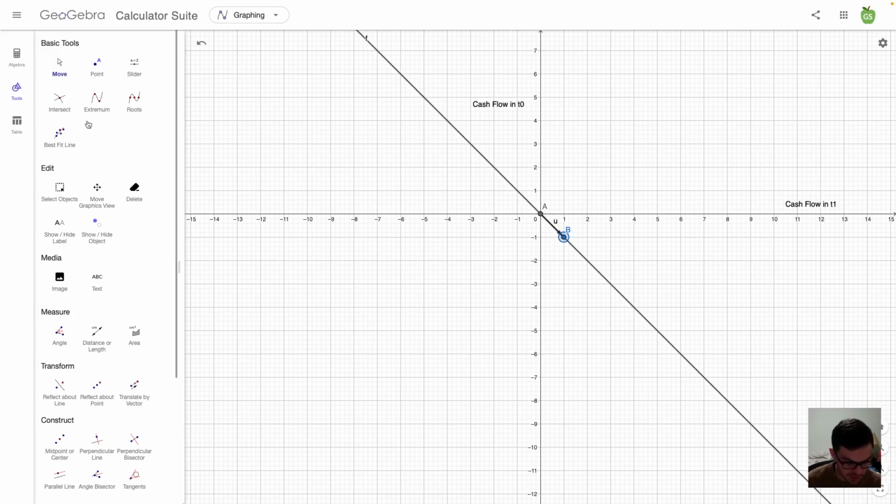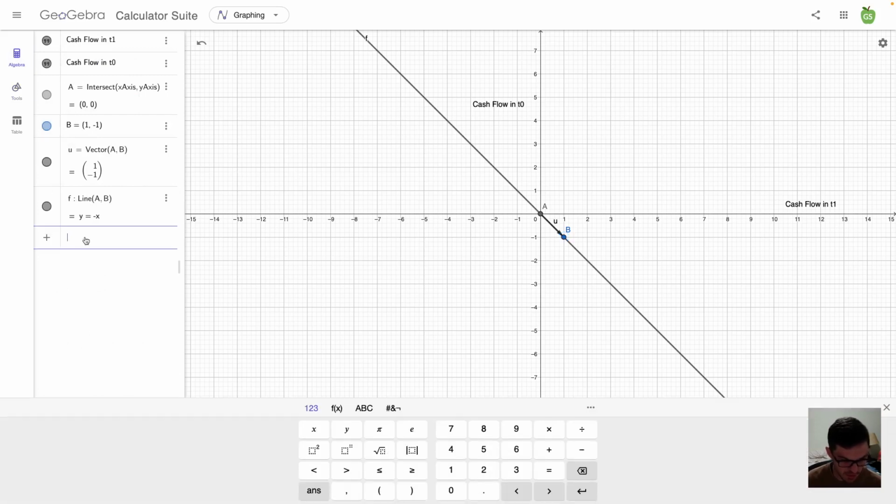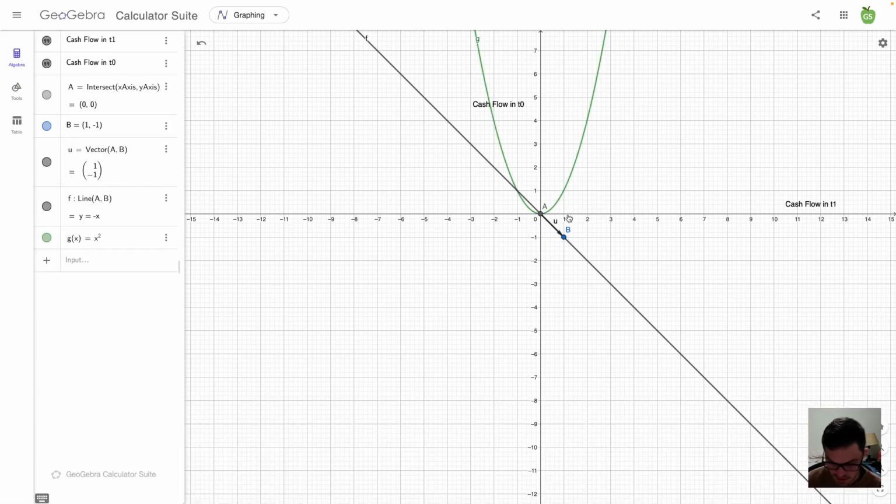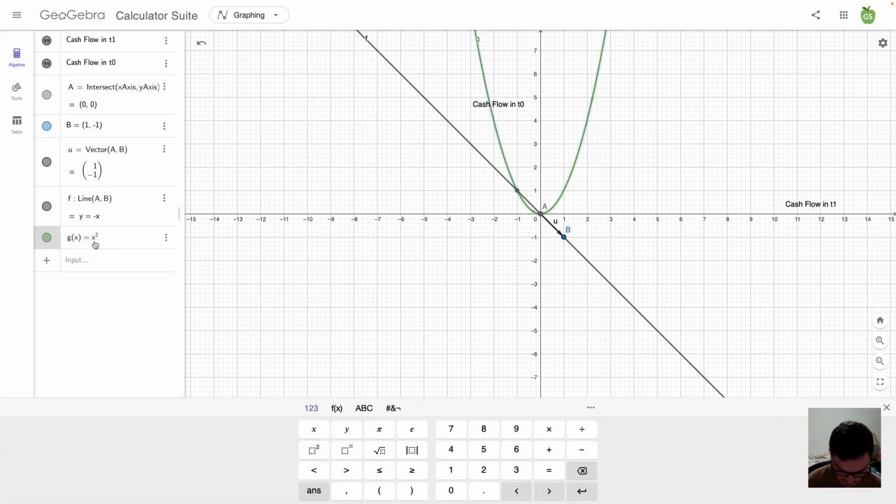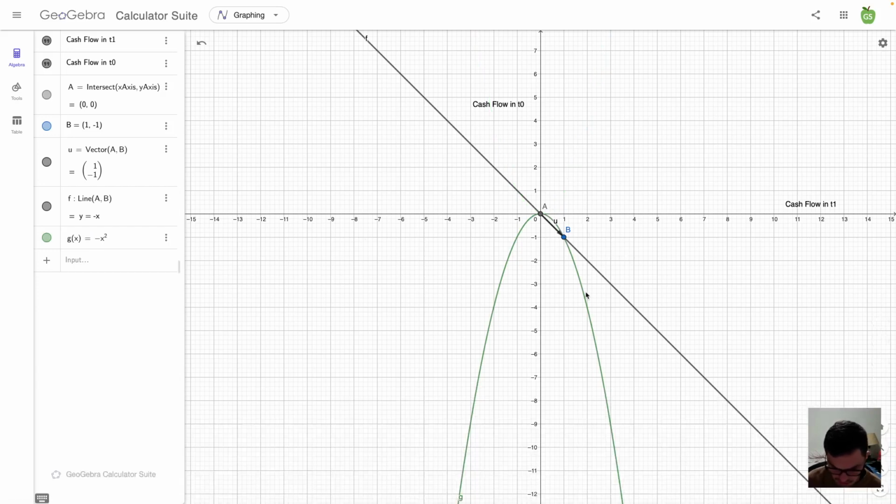Rather than, it's conceivable that our pricing could be x squared or something, right? So a cash flow in time 1, let's say if we're going to get $2 tomorrow, we could think, well, let's just make it negative for sort of realistic sake. Okay, so let's say we're trying to get $2 tomorrow. It's conceivable that you'd need to pay $4 today, and that this function is nonlinear.